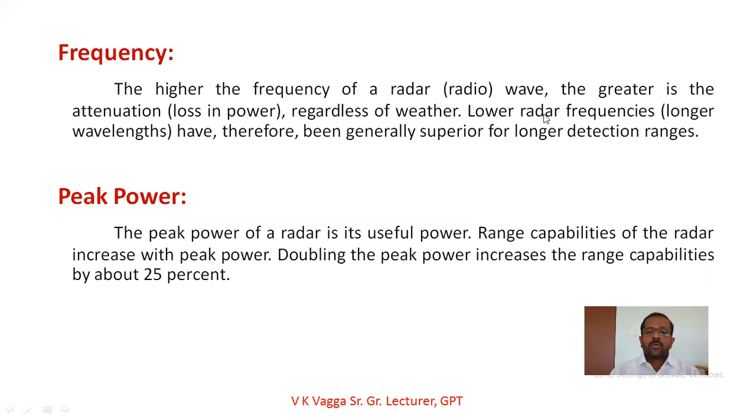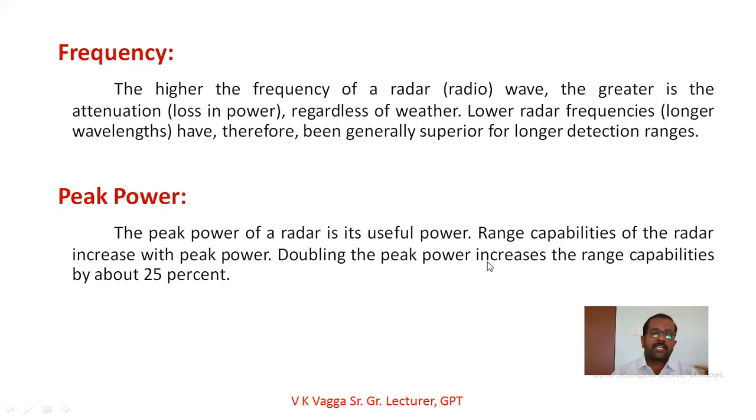Lower radar frequencies are superior for longer distance detection ranges. Increasing the frequency is going to decrease its range. And if the frequency is decreased, it is going to increase the identification range.